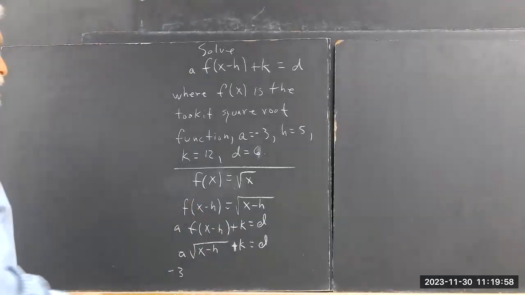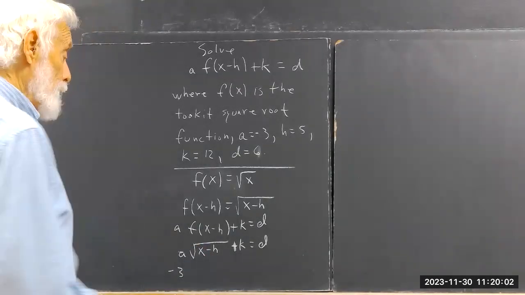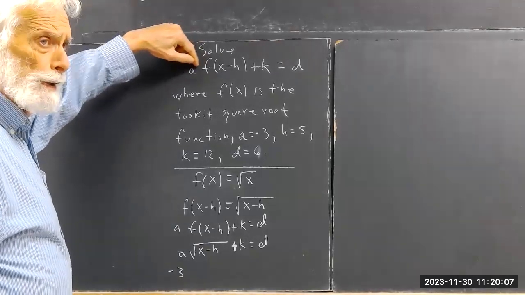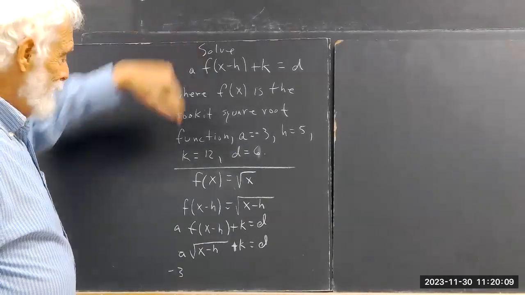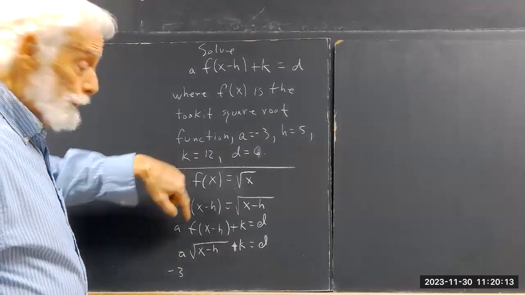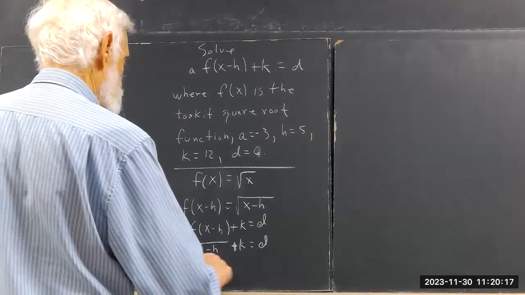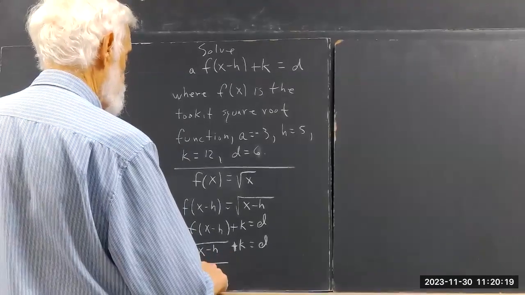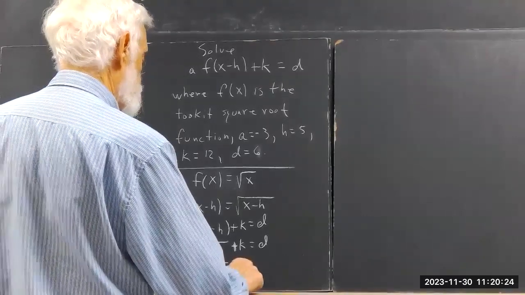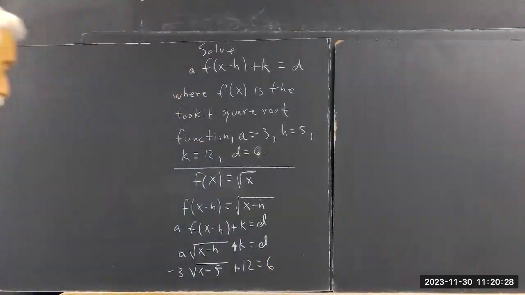And that's not what it is. It's a multiplication. This is multiplied by this. I didn't indicate the multiplication, but we know it's multiplied because in the original form, a is multiplied by f. So we get negative 3 times the square root of x minus, what's h? 5, plus k, which is 12, equals d, which is 6.